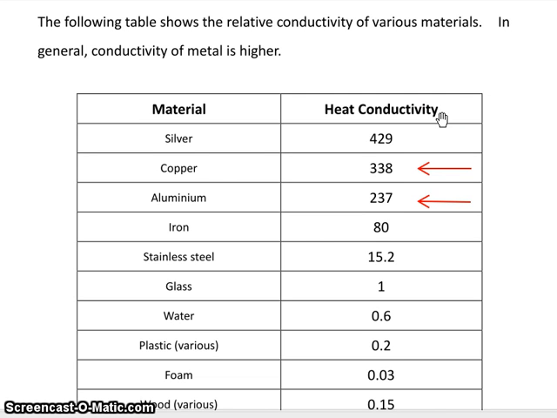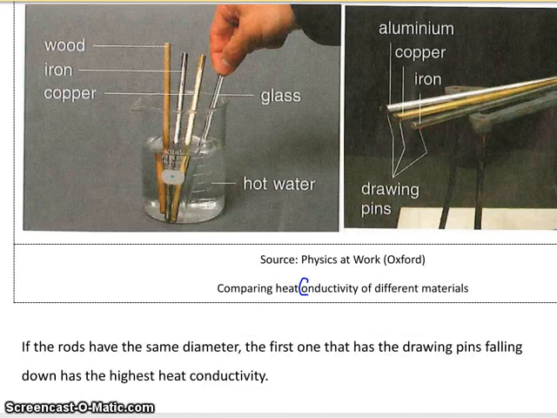To your surprise, copper should conduct heat better than aluminium. So we have to find a way to explain it. One way to explain that is because the rods don't have the same diameter. Maybe the aluminium rod has a larger diameter, and that's why the wax there melts first.